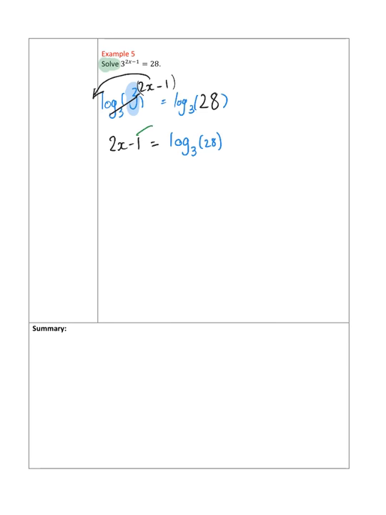If I add 1 to both sides, then 2x equals log 3 of 28 plus 1. And if I multiply both sides by a half, I get x equals 1/2 times log 3 of 28, and of course I have to times that 1 by a half as well.